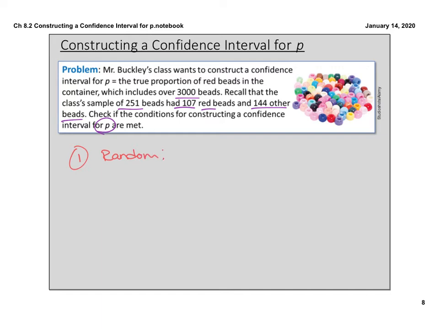Okay, so we're looking at Mr. Buckley's class. Mr. Buckley's class took a random sample of 251 beads. That is all you need to state for the random condition to be met.